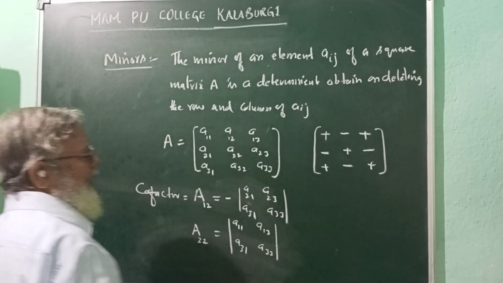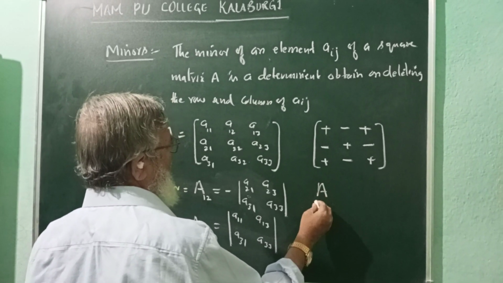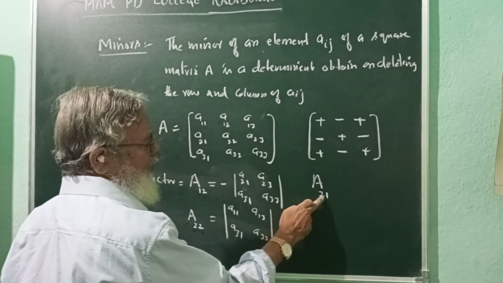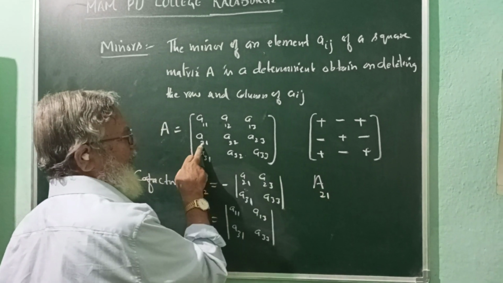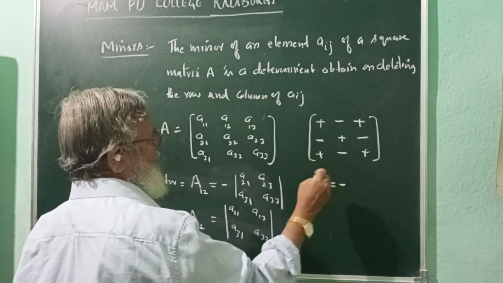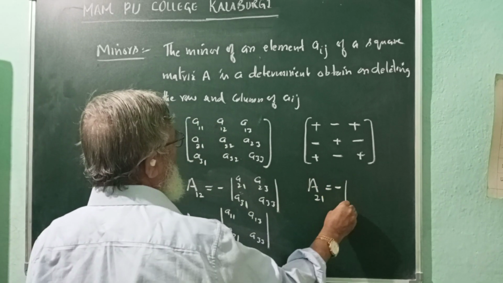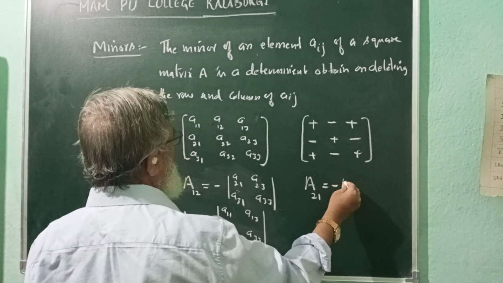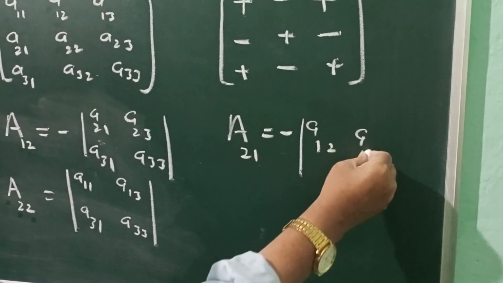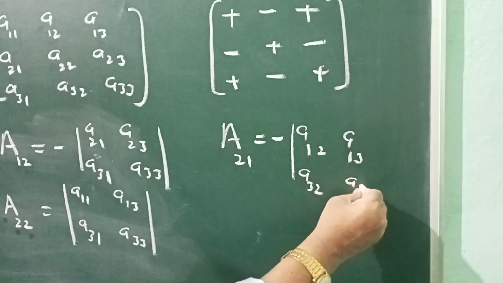Now again we can write the cofactor of A21, the element of second row, first column. The appropriate sign is minus, so we should take minus. Delete the row and the column, giving A12, A13, A32, A33.